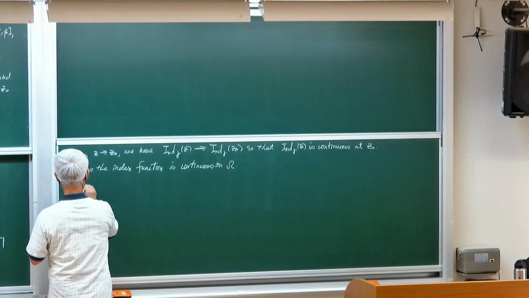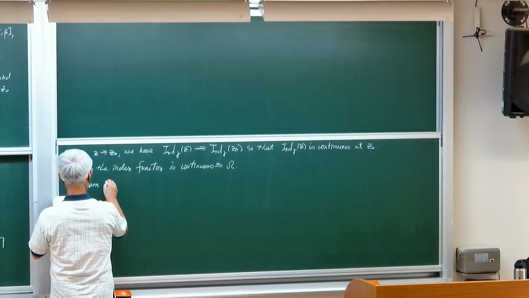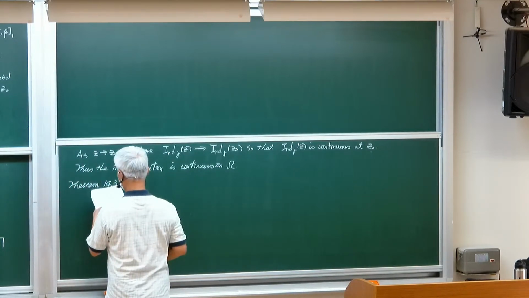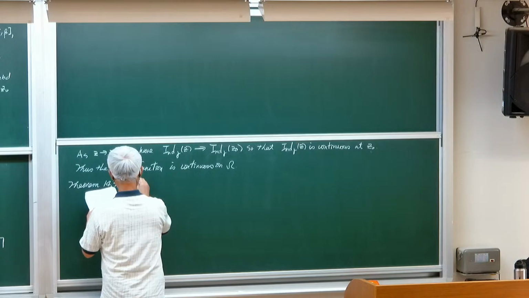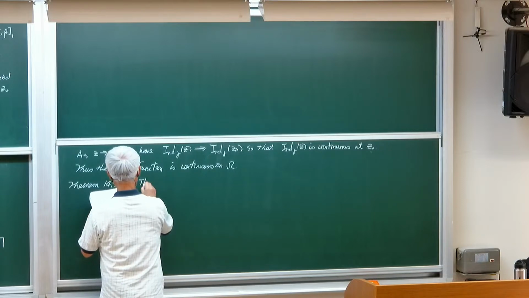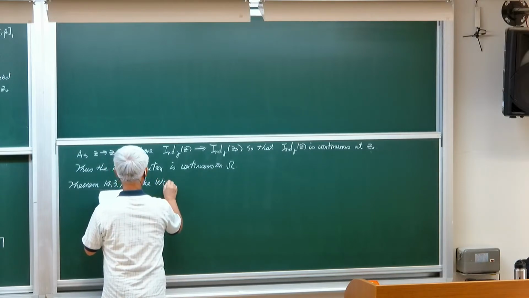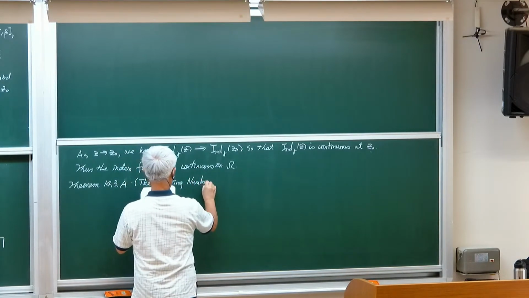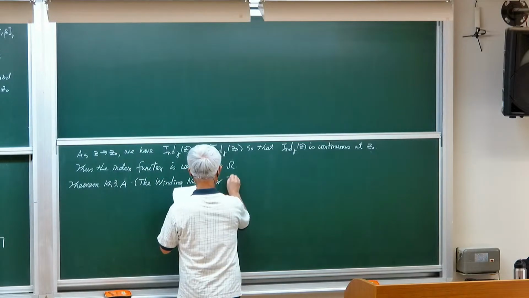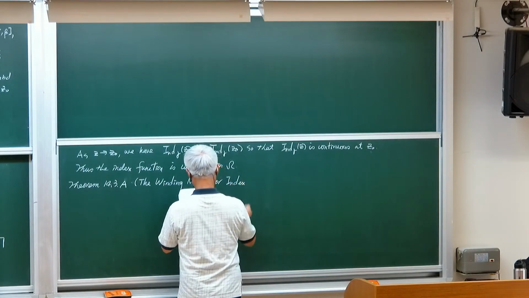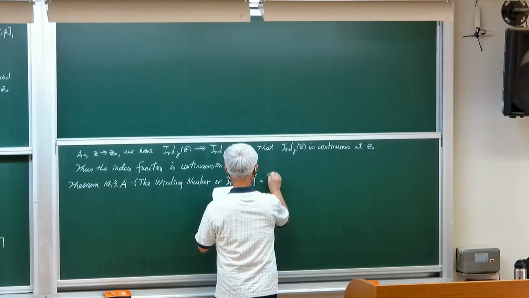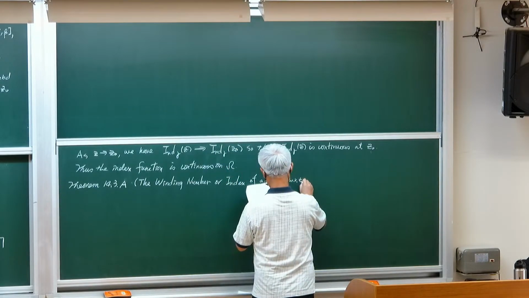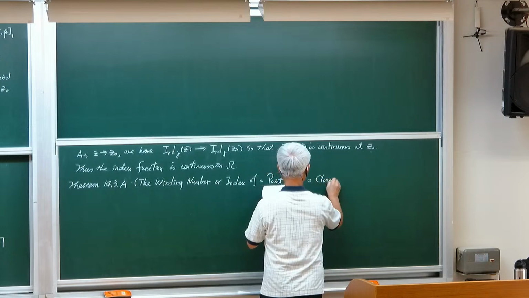Now we state a theorem about the index. This theorem is called the winding number index of a point with respect to a closed path.